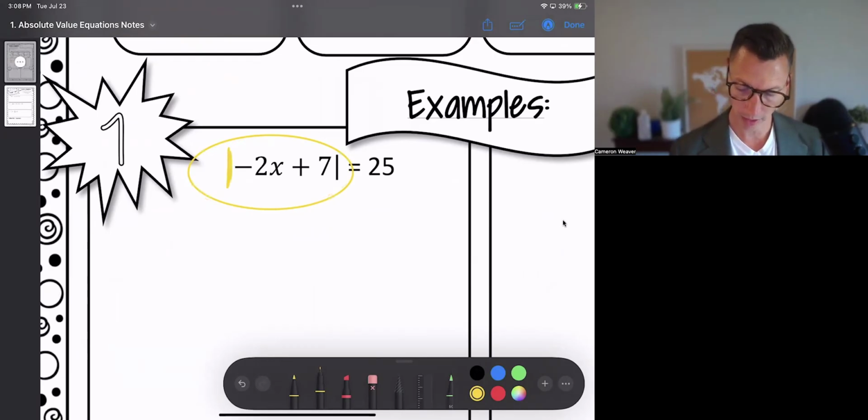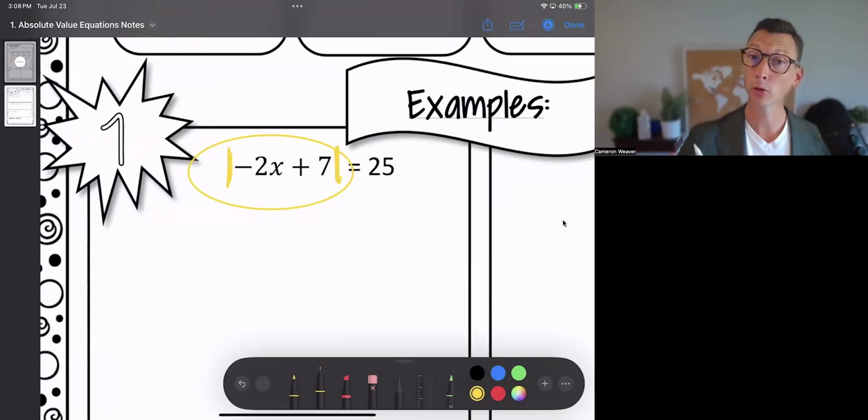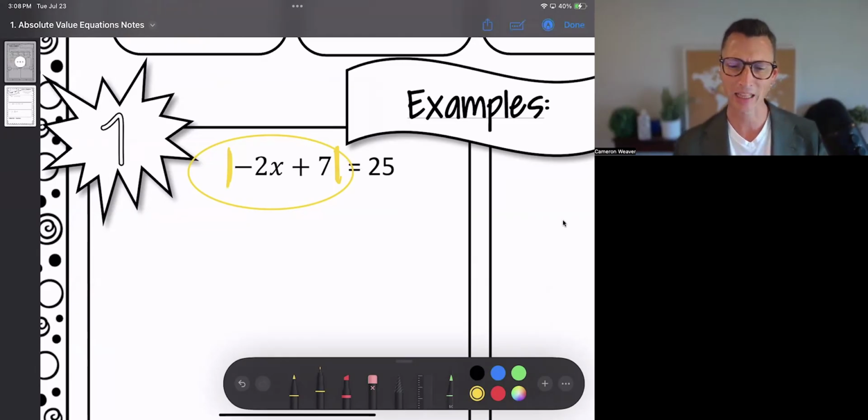So these bars right here deem absolute value. We should have learned in the past that the absolute value of anything is simply the positive. The absolute value of 7 is 7. The absolute value of -7 is 7. Absolute value is telling us the distance away from 0.